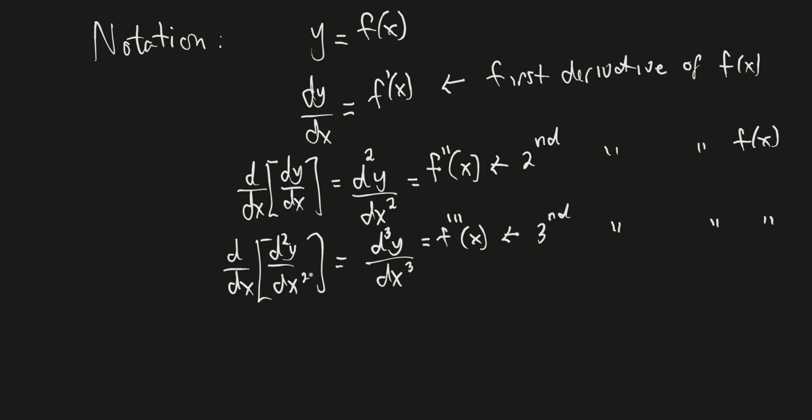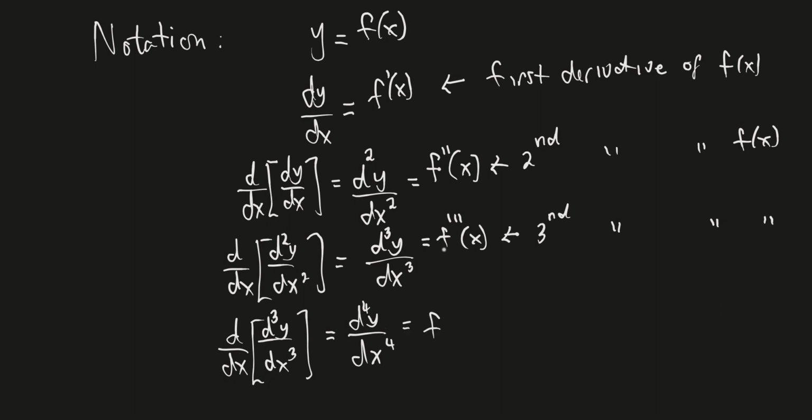Let me now write down the fourth derivative. That's when I would take the derivative of the third derivative. All right, it looks like that. And that would mean now d4y over dx to the fourth.